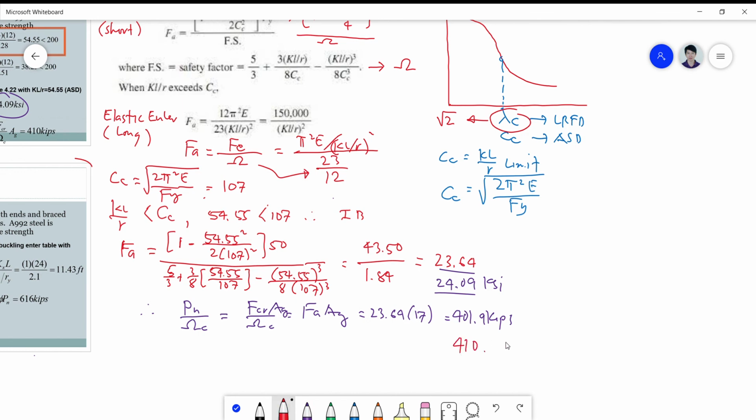Of course, the use of the equation is more accurate than using tables, because charts and tables have some difficulty in interpolating the values on the charts and the tables. So that's it. Thank you very much for listening.